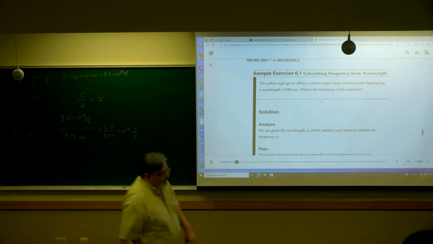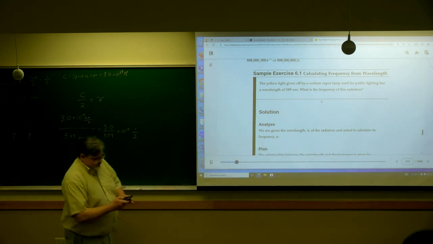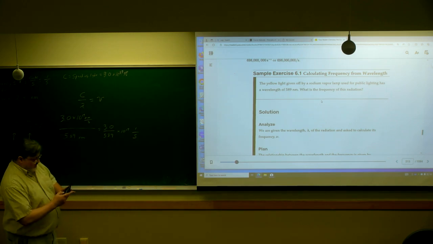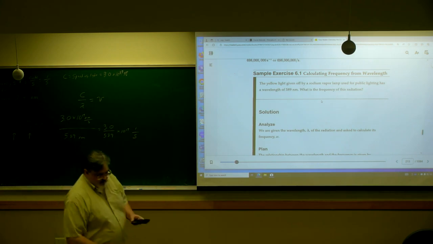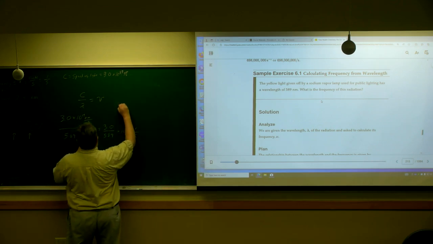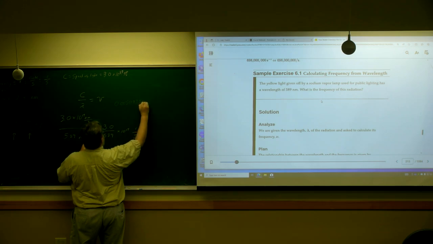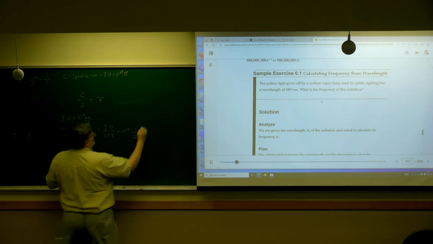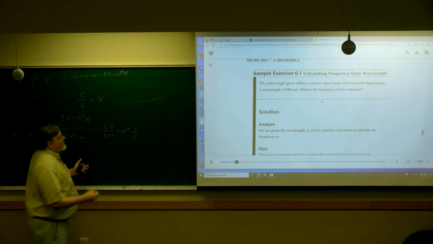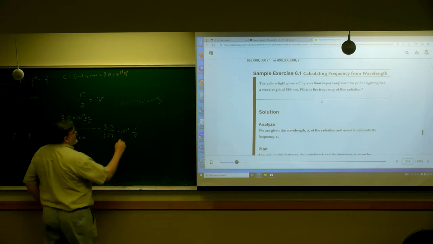Now if I grab my calculator, divided by 589, my calculator says, but I still have times 10 to the 17, 1 over s. That's a correct answer, but it's worth doing scientific notation here.